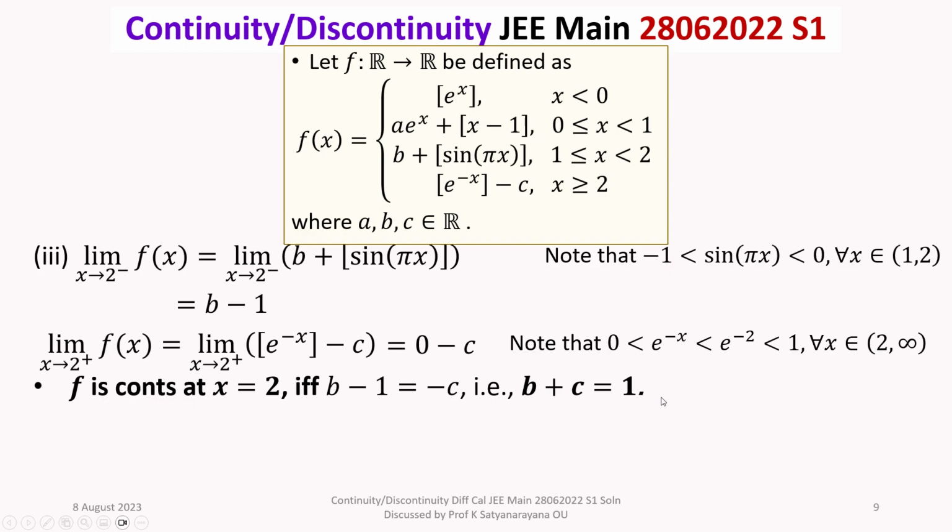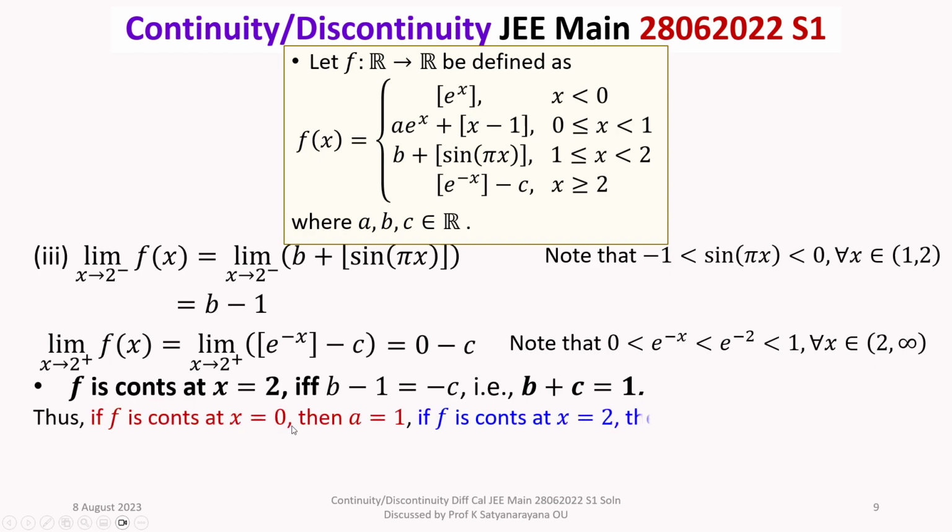So these are the 3 cases we have seen, and let us summarize. If f is continuous at x is equal to 0, then a is equal to 1. If f is continuous at x is equal to 2, then b plus c is equal to 1.